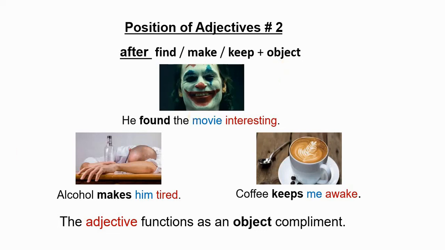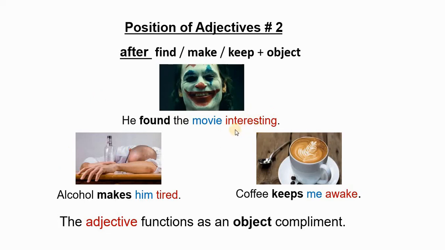Example, he found the movie interesting. So here we have the verb found in the past simple. Movie is the object of the sentence, and this is the adjective interesting.